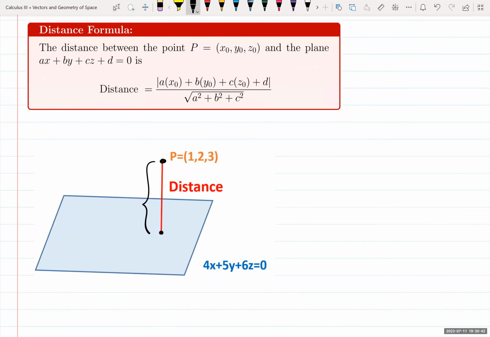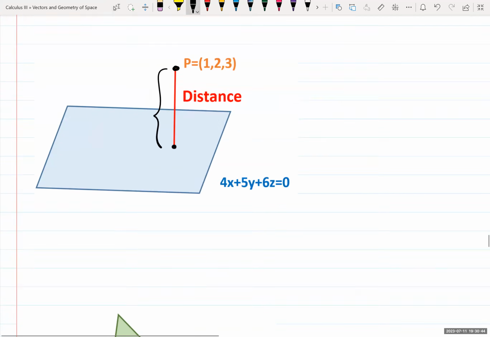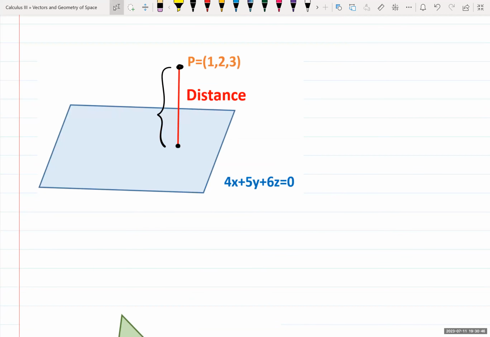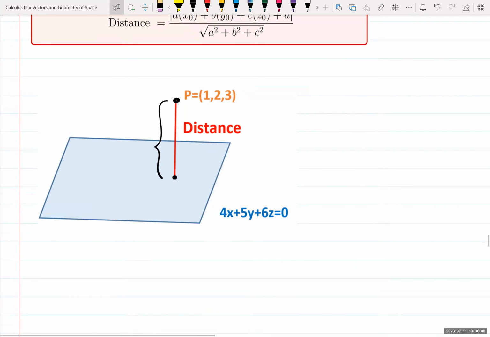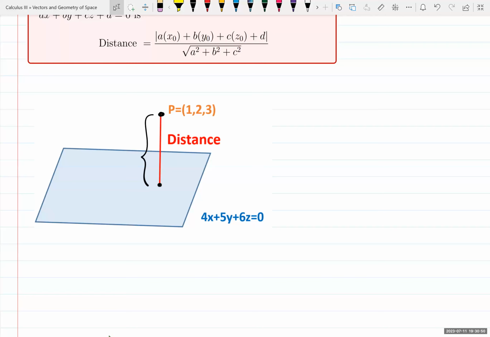So let's practice. Here's the example: the point is (1, 2, 3), the equation is 4x plus 5y plus 6z equals d. So what is my d if it equals 0? D is 0, right? So make sure you understand that. I should not confuse that. There's a capital D and a small d.